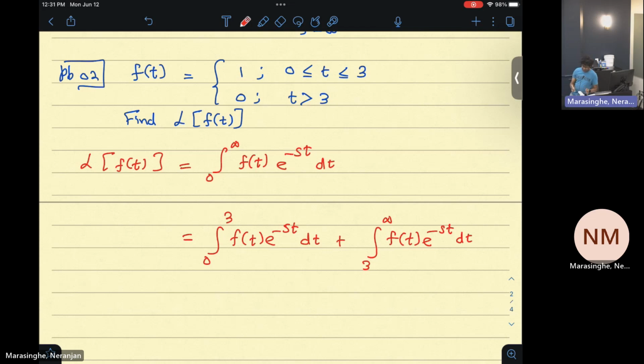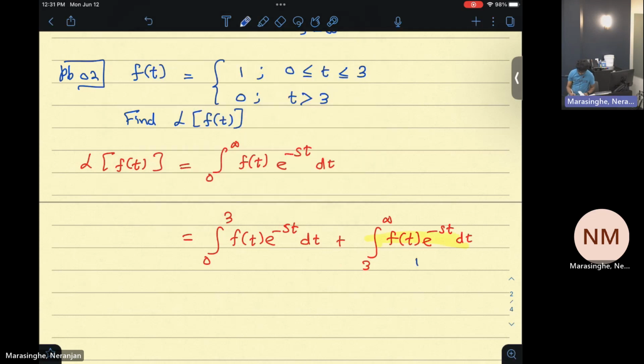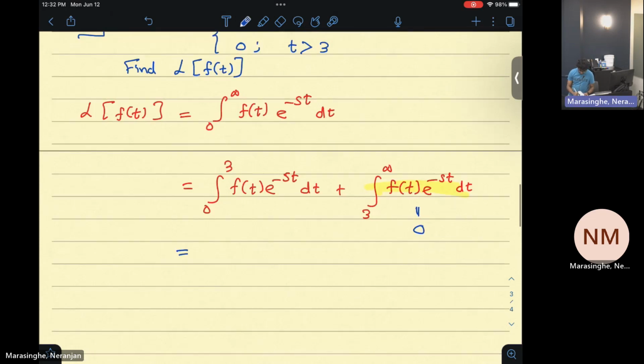Now what would happen to the second integral? That would disappear, because if t is greater than 3, the function would be 0. So this integral is equal to 0. I need to consider only the first integral, 0 to 3.